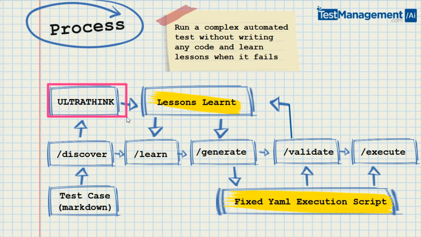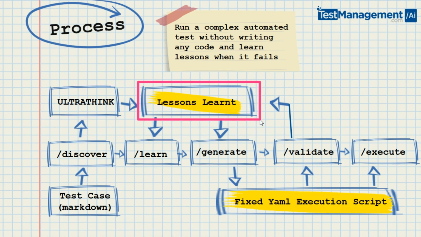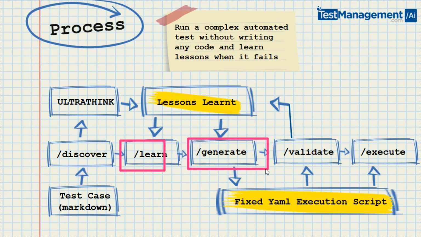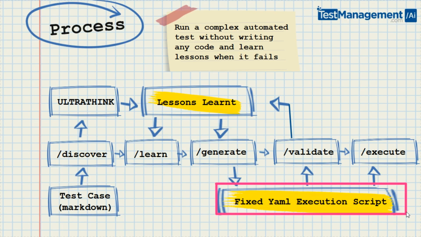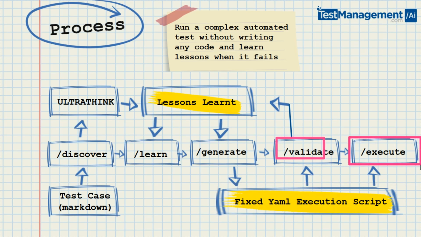I'm going to do some research using Claude Code's UltraThink capability and build out a lessons learnt markdown file that our learn, our generate commands can then use to automate some of the more complex test steps that we need to implement. And from this, we'll get a more advanced YAML execution script that will then be used in our validate and execution commands. Let's see how that works in practice.